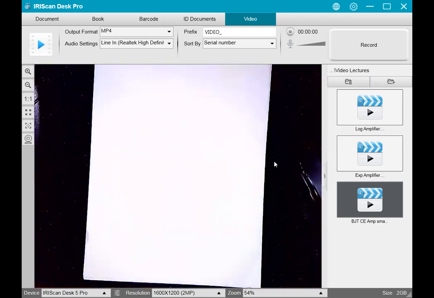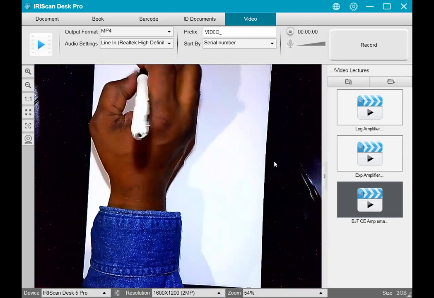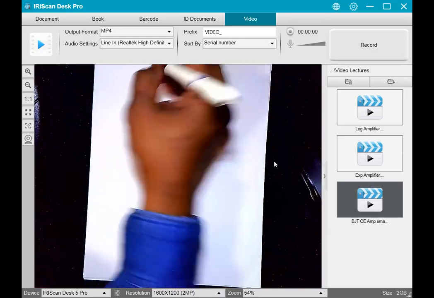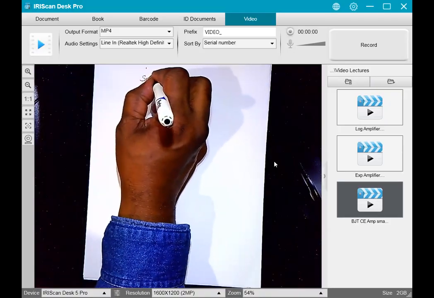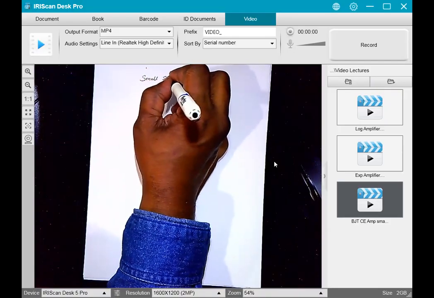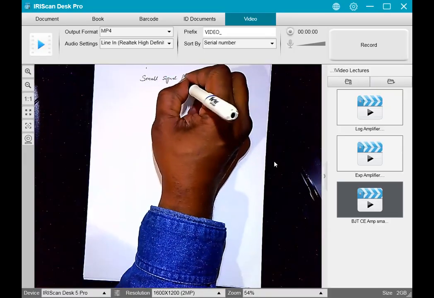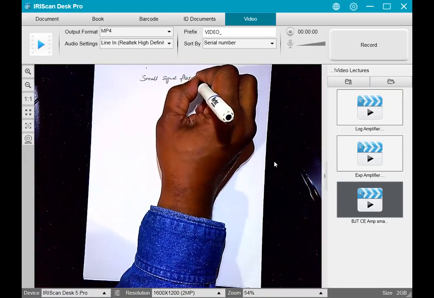So let me rewrite this one. I'm not going to redraw the small signal model, so we're still doing small signal. Frequency response.